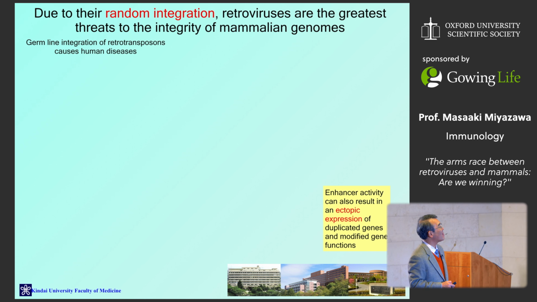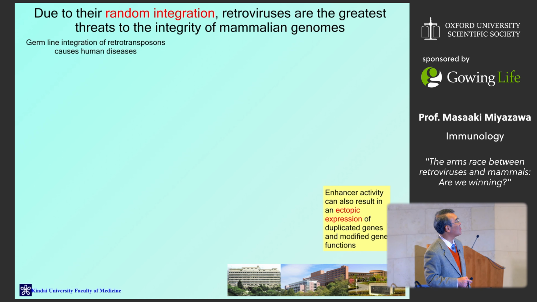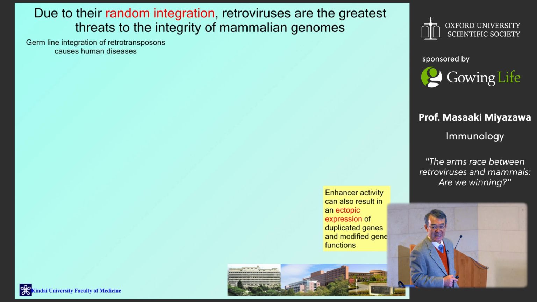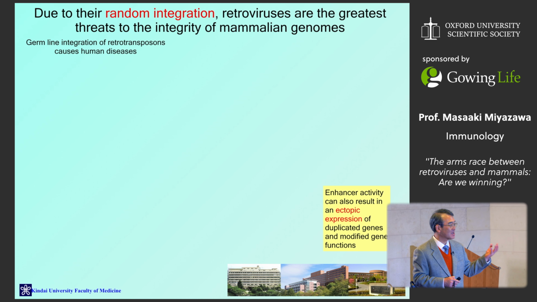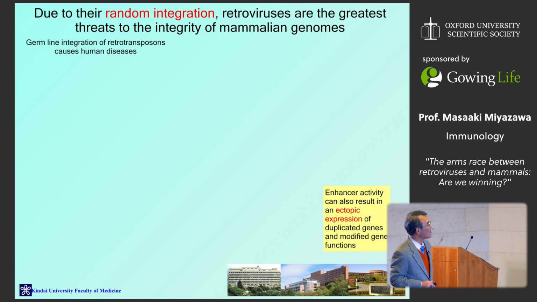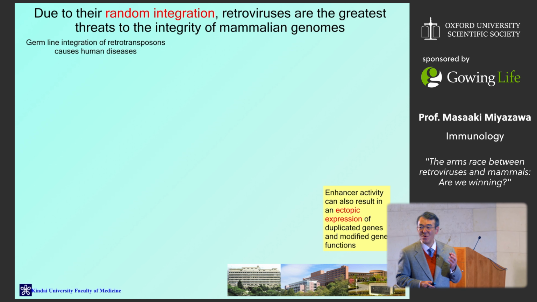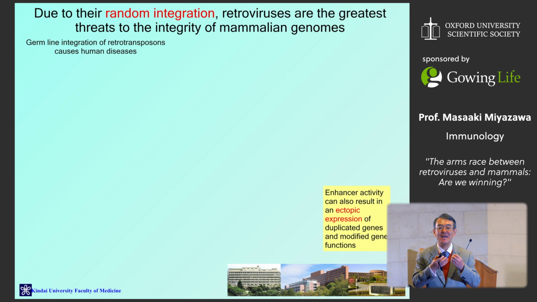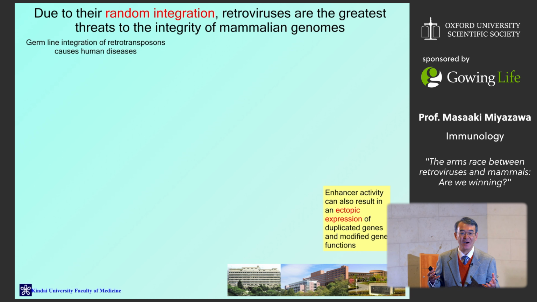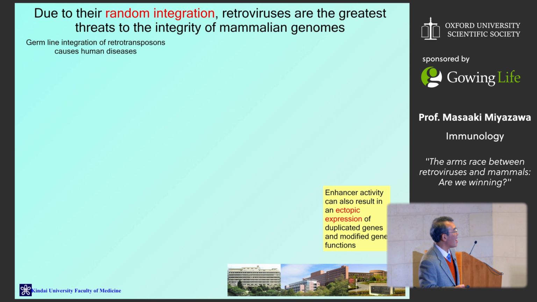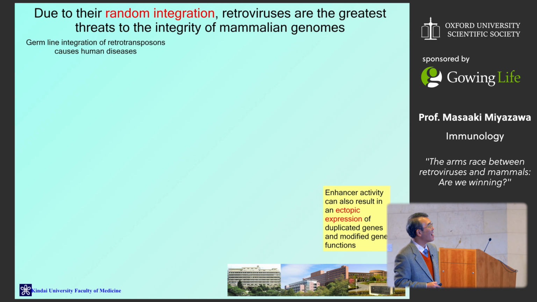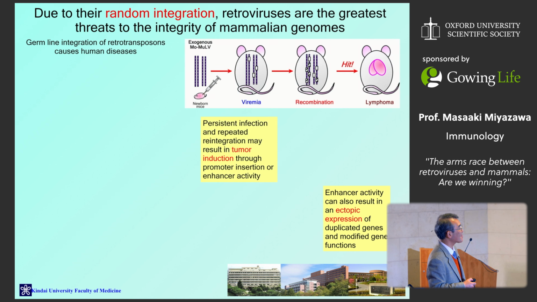For example, hemophilia or X-linked agammaglobulinemia or X-linked SCID, those severe diseases, or some breast cancers, are all caused by mutation, disruption, or change of the expression of our genes caused by the integration of retroviruses.